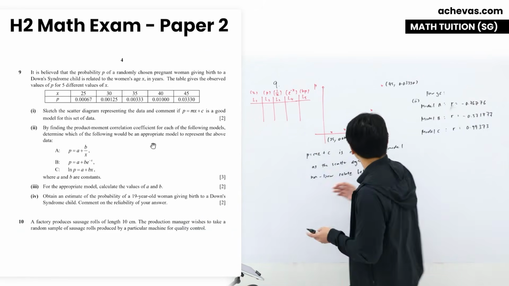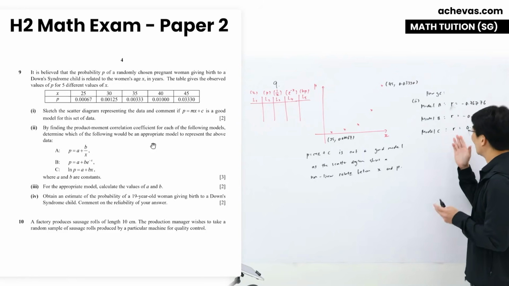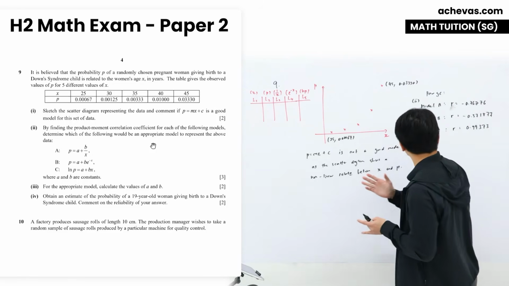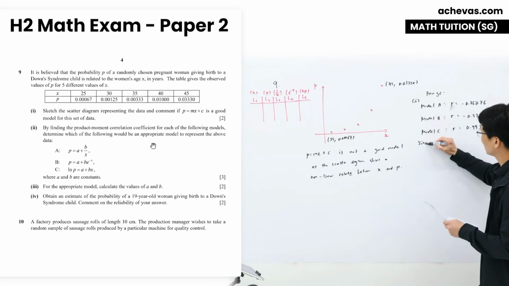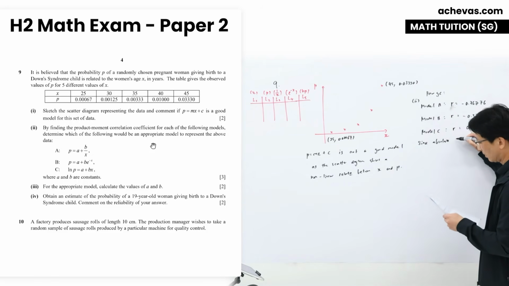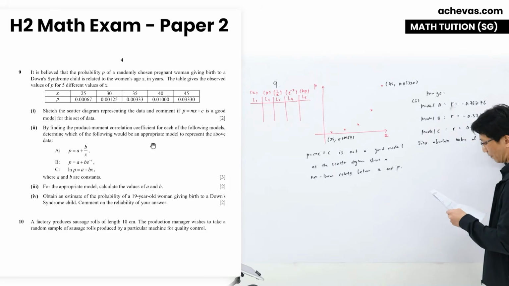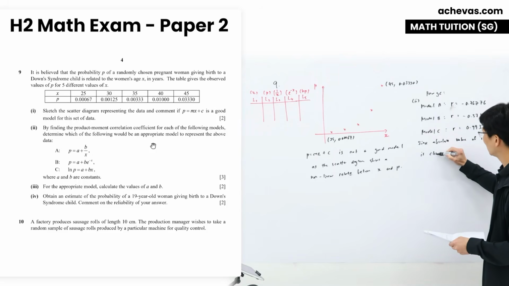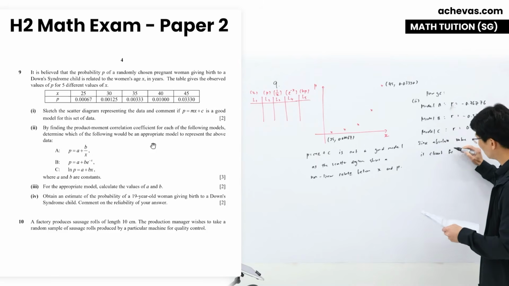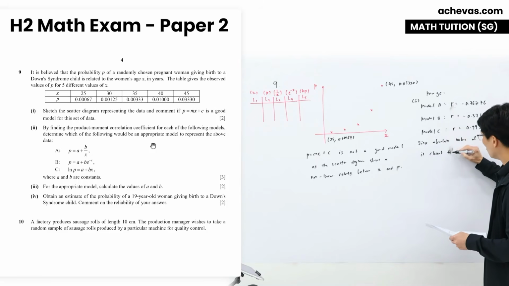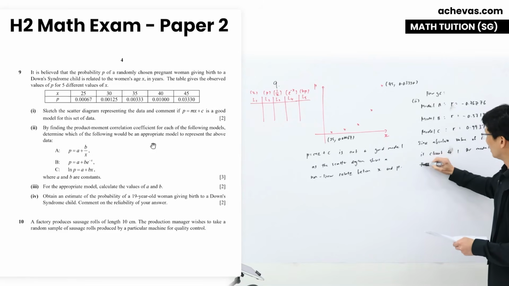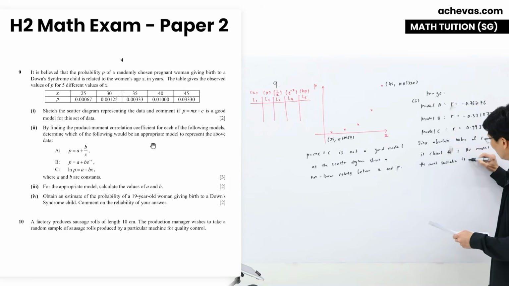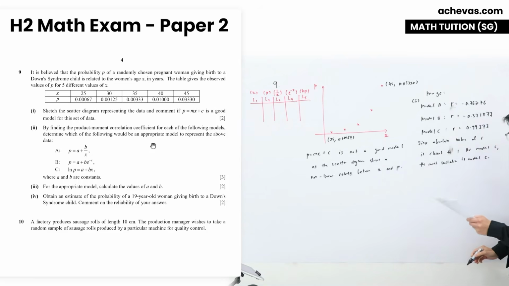It is a bit obvious that model C will be the best because the absolute value of the correlation coefficient is the closest to 1. So I will just write: since the absolute value of R is closest to 1 for model C, the most suitable is model C.